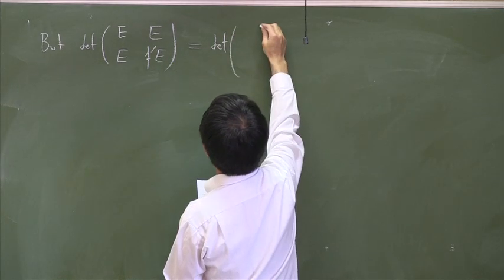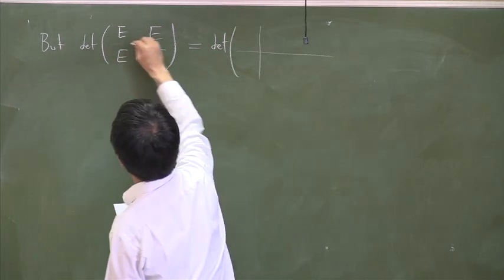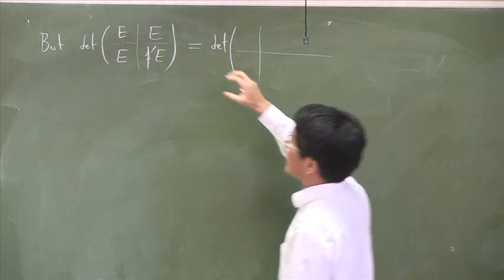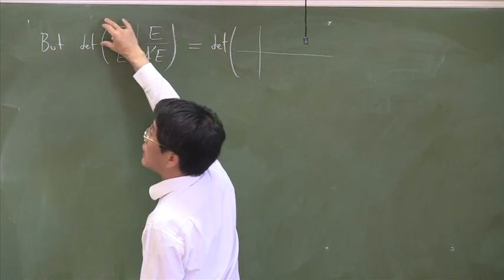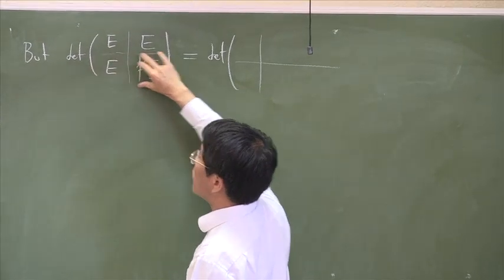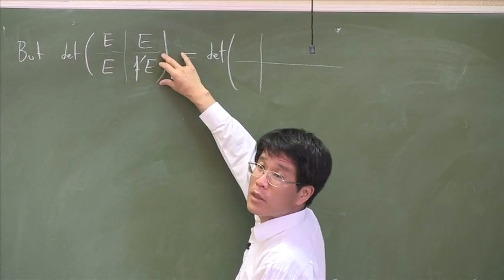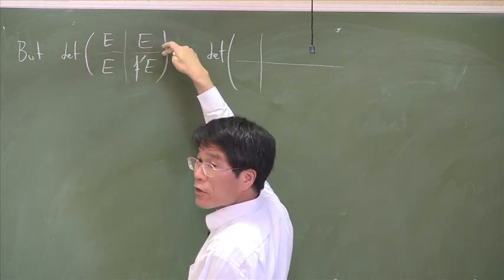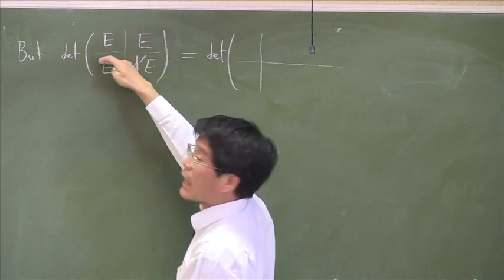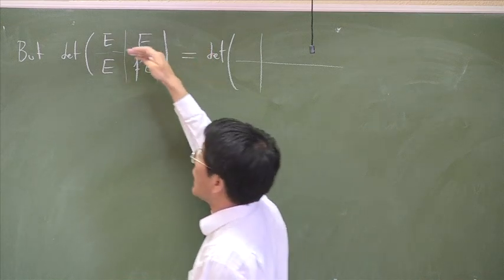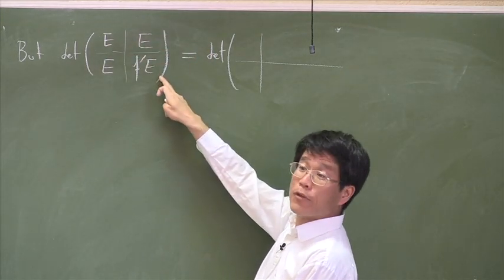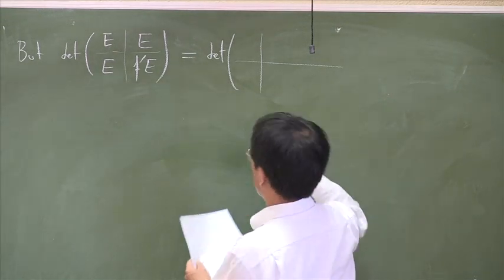So let's calculate it like this. I'm going to think of it as those 4 boxes. And what I shall do is to take these rows away from those rows. Is that clear? So I take the first row from the n plus first row, second row from the n plus second row, and so on, and the nth row, the bottom of this top part, from the 2mth row, the bottom of the lower half.